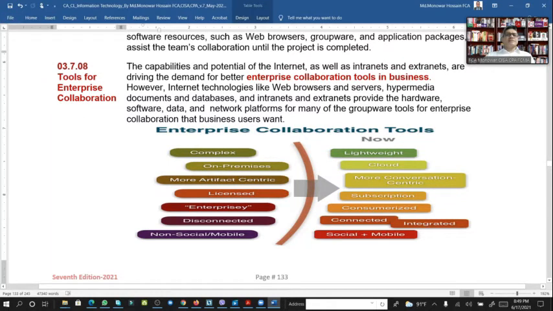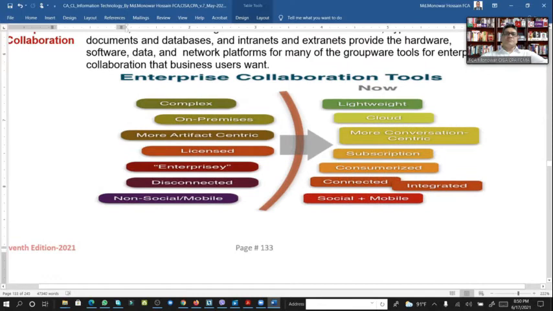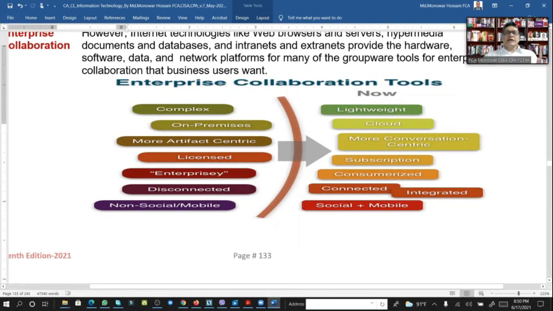Tools for enterprise collaboration draw on the potential of the internet, intranets and extranets, and drive the demand for better enterprise collaboration tools in business. Previously, these tools were complex and on-premise, meaning licensed, encrypted, disconnected, with no social or mobile features.